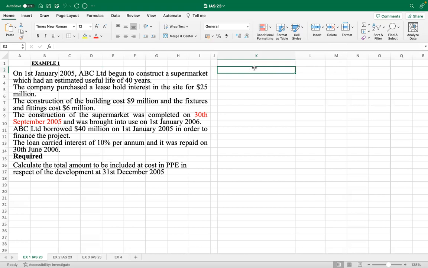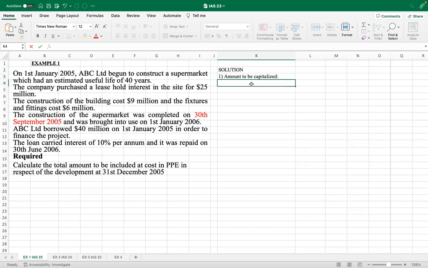So in our solution, we'll be looking at the amount to be capitalized. Now, in order to get the amount to be capitalized in this question, how much did we borrow? We borrowed 40 million. So 40 million was borrowed. And the interest on the loan was 10%.